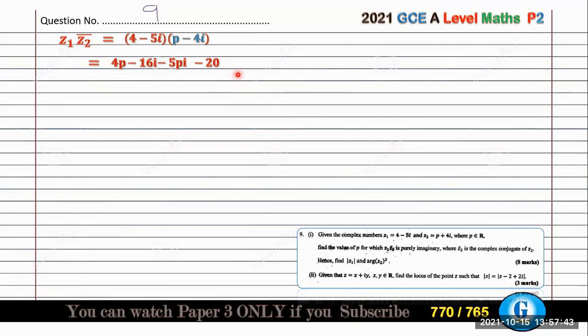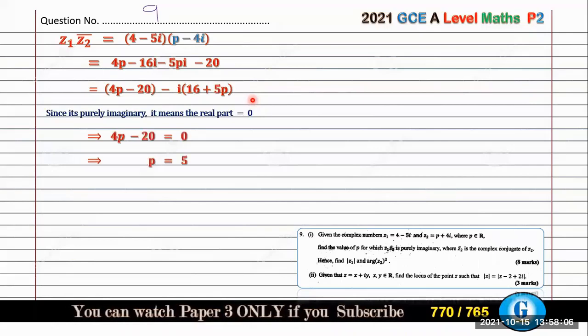If we bring the like terms together, we have 4p minus 20 minus i times 16 plus 5p. So if this complex number is purely imaginary, it means that the real part is equal to 0. So we have 4p minus 20 equal to 0, and our p is equal to 5.